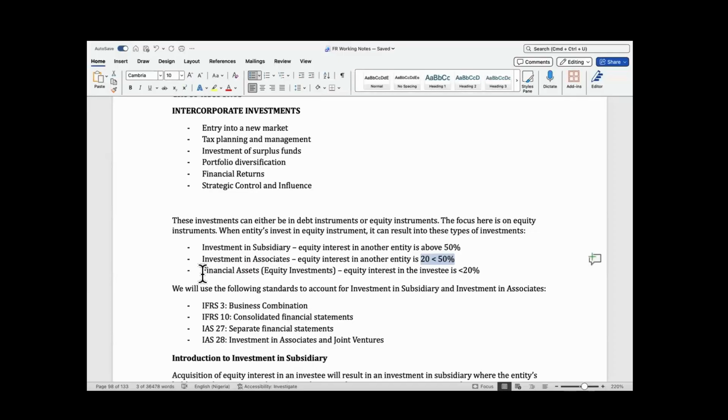While financial assets or equity investments is where your equity interest in the investee is less than 20%. So basically, these are the types of investment we want to discuss in this topic, group accounts. And they usually arise when you invest in the equity instrument of another entity.